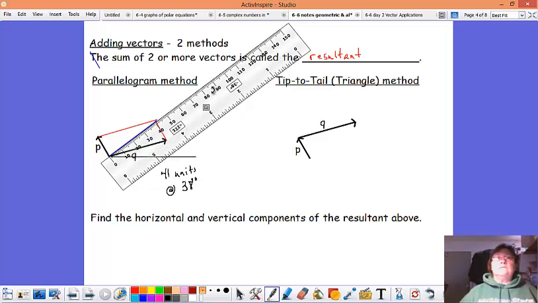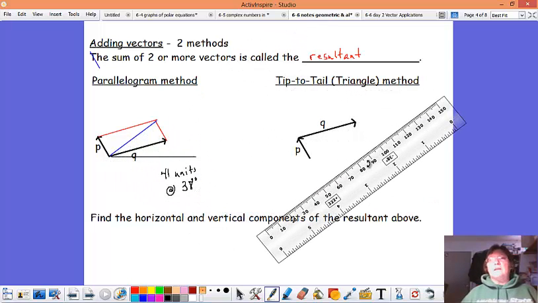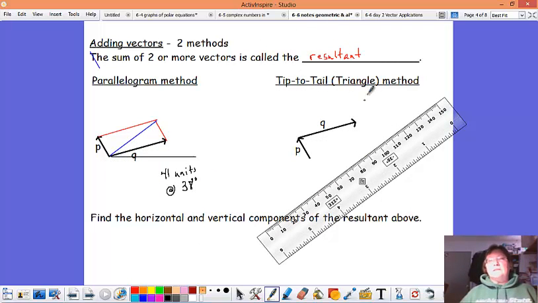All right, now we want to do this a different way. This is called the tip to tail method, or the triangle method. And really, folks, this is much easier. The two vectors are lined up so that the tail of one is at the tip of the other.